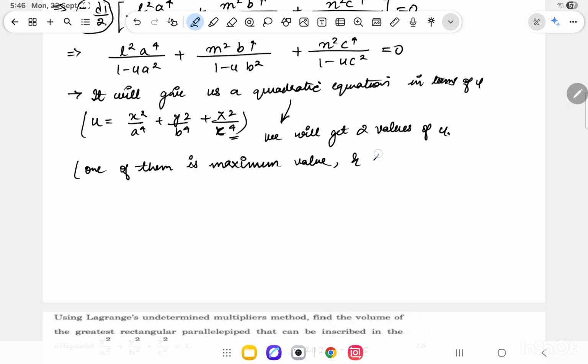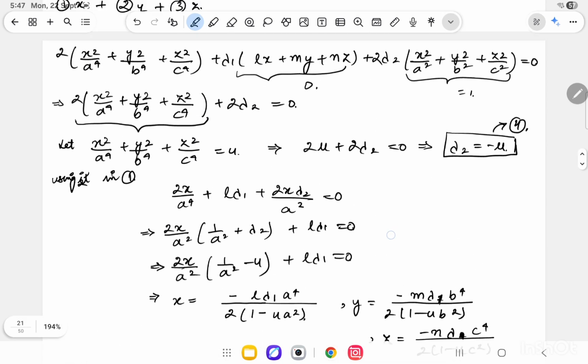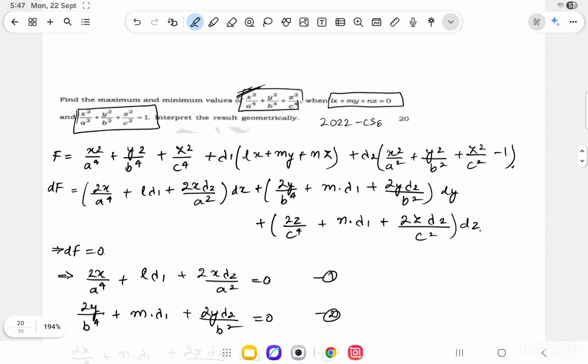So this is one thing that we are supposed to do in this question. Further in the question it says that interpret the result geometrically. So we are supposed to interpret what this result actually means.